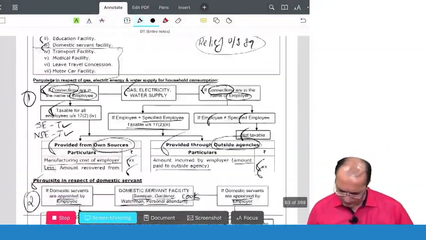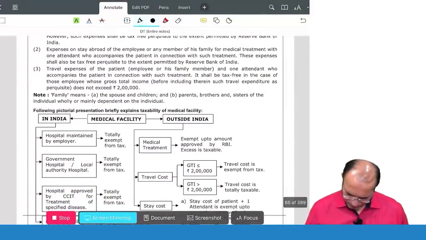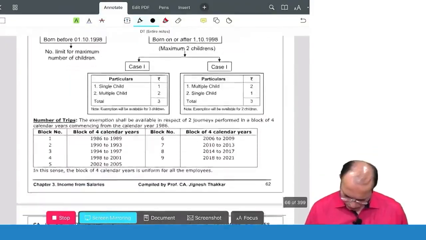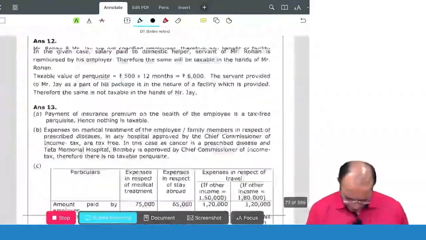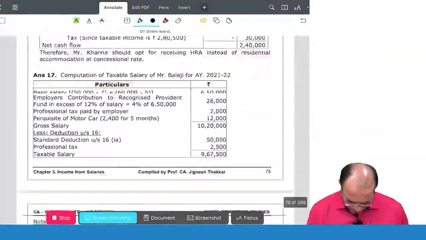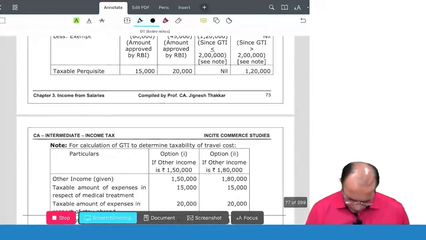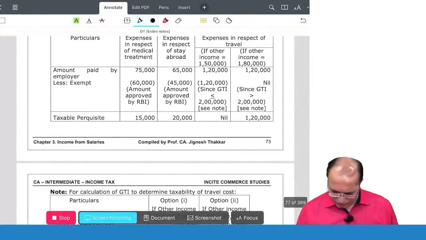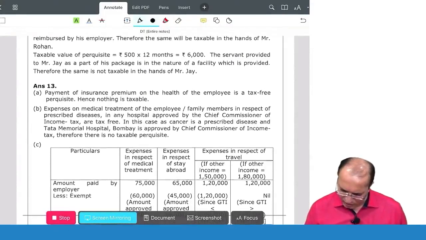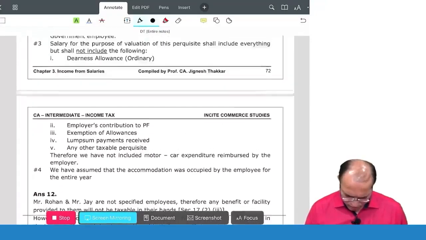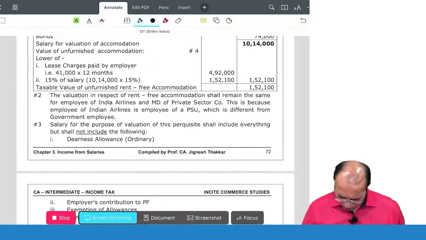Yes. Okay, once again. Which page are you looking at? I can't see anywhere. 58.